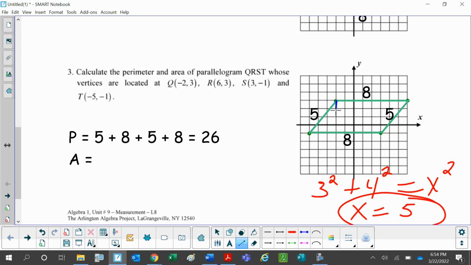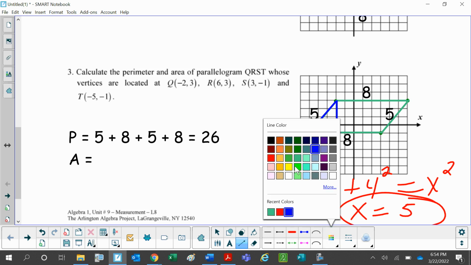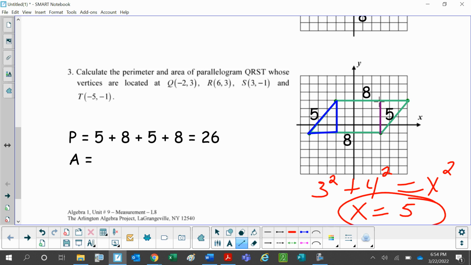So look, if I drop a line right there, this triangle that I'm drawing is a right triangle. I can find the area of that. I can also, let's switch colors, go a little purple here, and do the same thing over here with a right triangle. Now, the cool thing about these right triangles is once I find one of them, they're both exactly the same. That means I'll have the area for both of them.